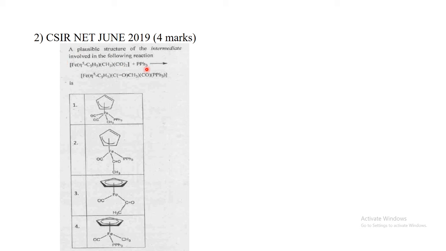So overall this organometallic compound of iron reacts with triphenylphosphine and gives us this product. So in order for the triphenylphosphine ligand to react with this organometallic compound, it has to proceed through an intermediate. So in the question we have been asked to identify the intermediate out of the 4 given options.